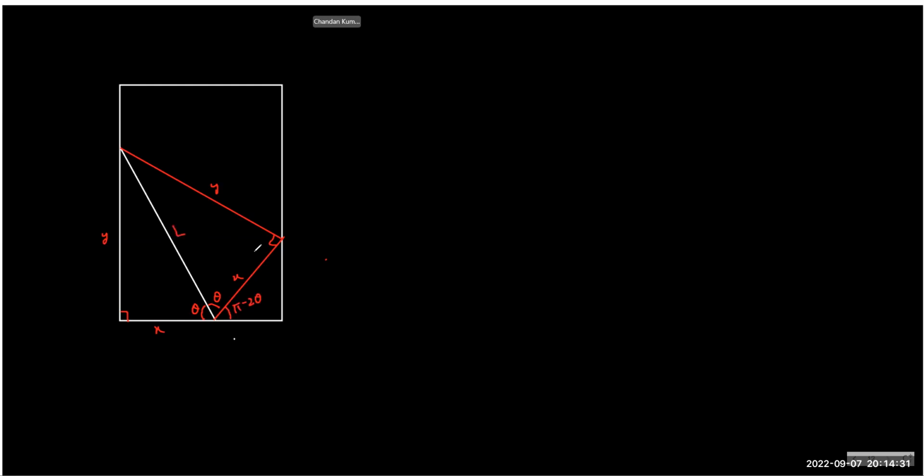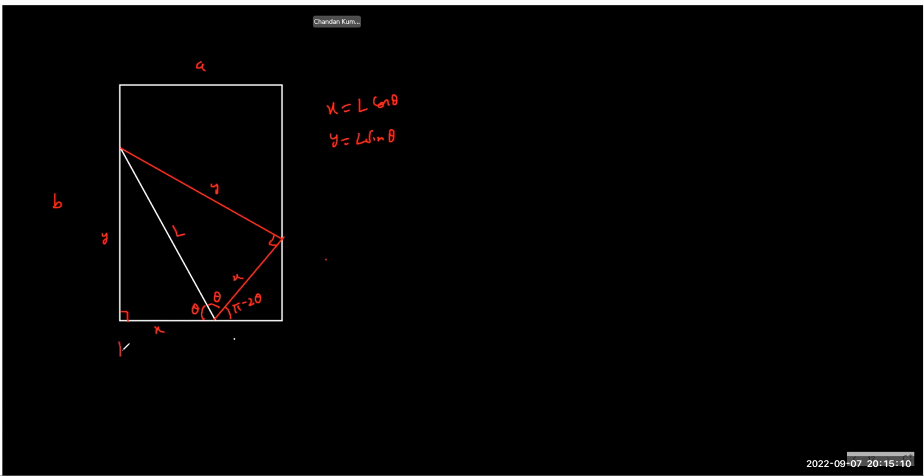So if I call this length as L, we can write L cos theta as x, and we can write y equals to L sin theta. Okay. So anyway, we want to solve in terms of, eventually we need to express A and B. So we want to express this answer in terms of A and B and theta, not using other things.